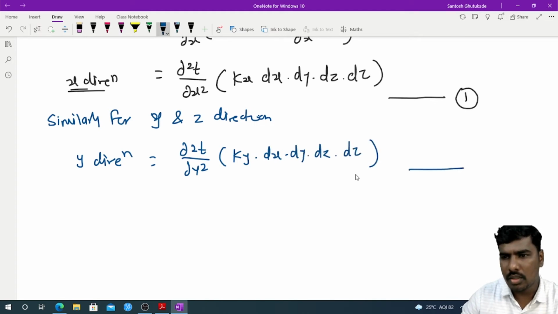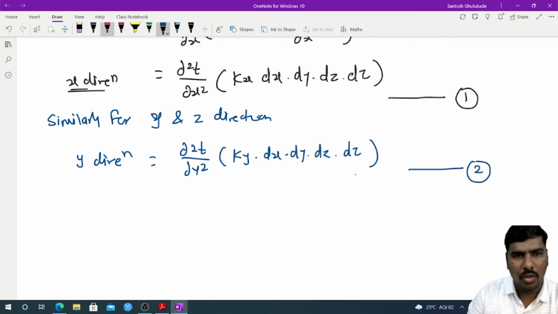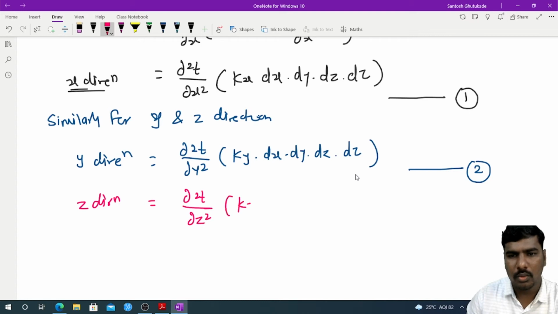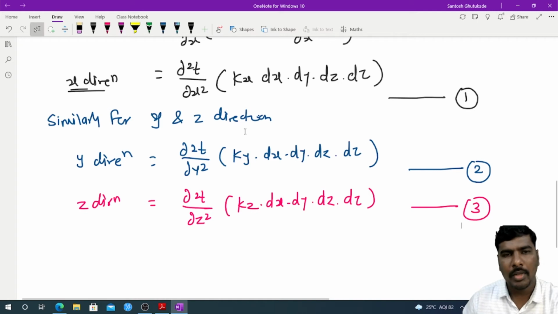So this is equation number 2, for the y direction. Similarly, for the z direction, this becomes dou square T upon dou z square into Kz, dx, dy, dz into d tau. d tau is the time interval or time factor. Now this is the heat accumulated in the x direction, y direction and z direction.